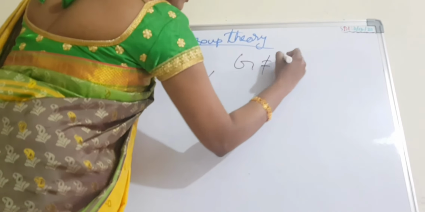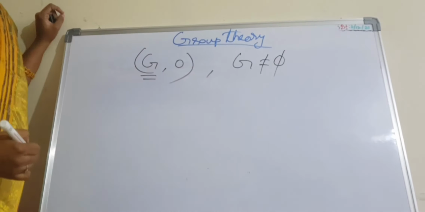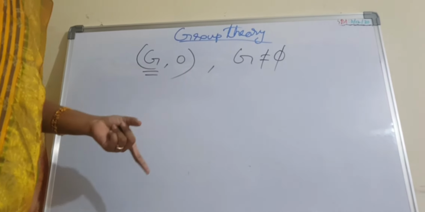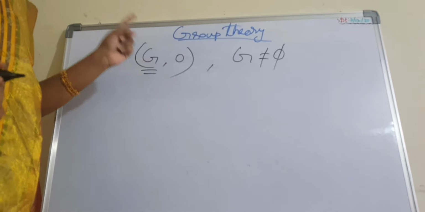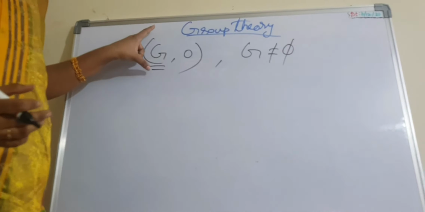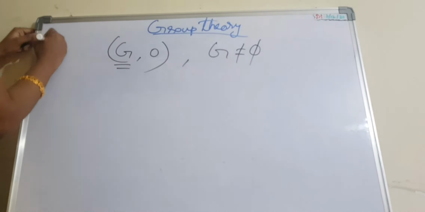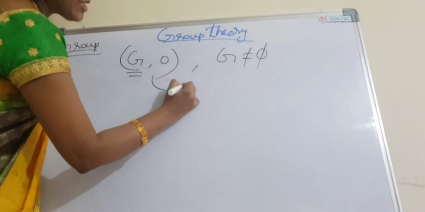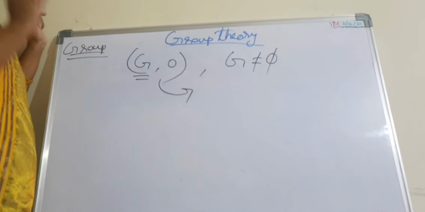G is a non-empty set and circle is a binary operation, any operation we can take. When will we call it a group? G circle must satisfy 4 properties.